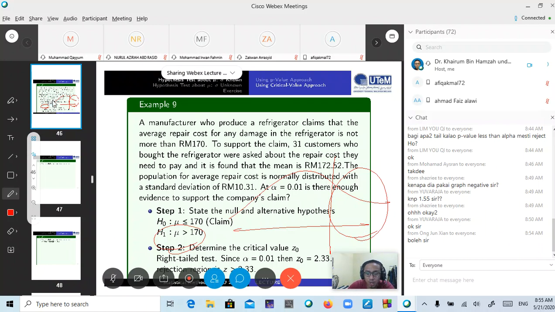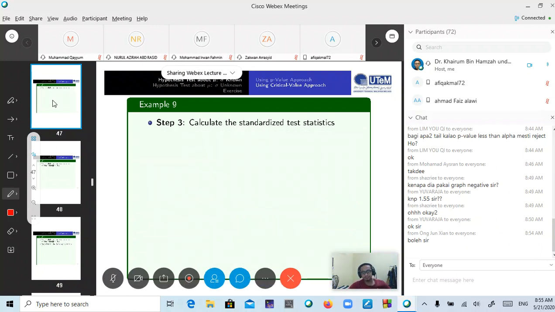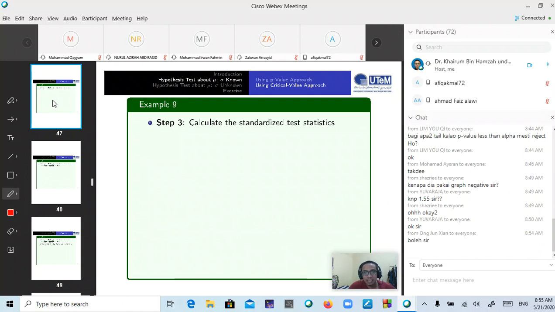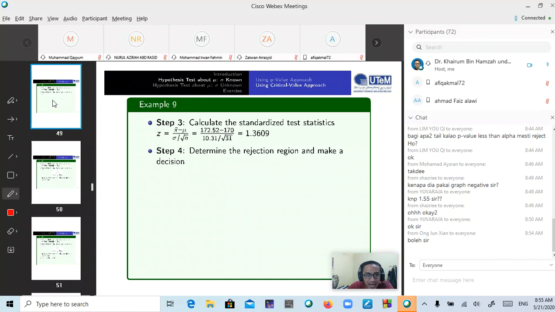Okay, so step 3, calculate the standardized test statistic, which is the same. Z equals X bar minus mu divided by sigma over root n. So you get 1.3609.